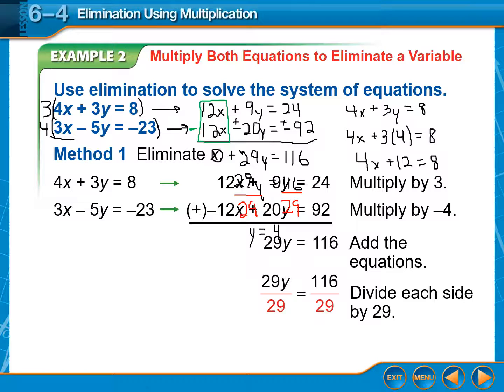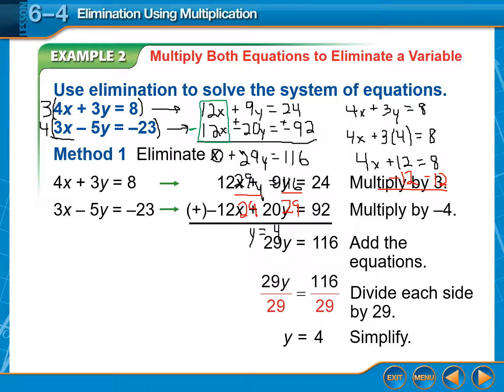Now I need to solve for x. So I'm going to take away the 12 from here, because my goal is to make it x equals. So take away 12 from both sides.